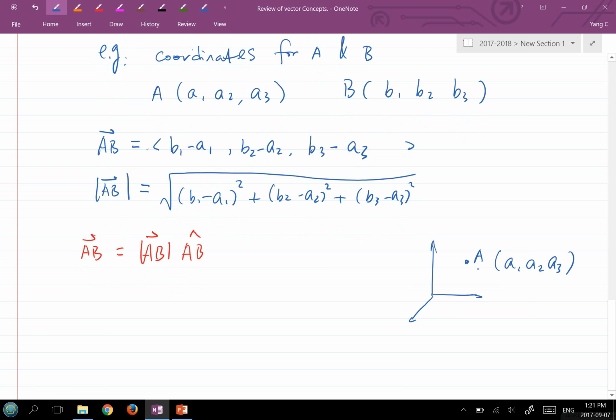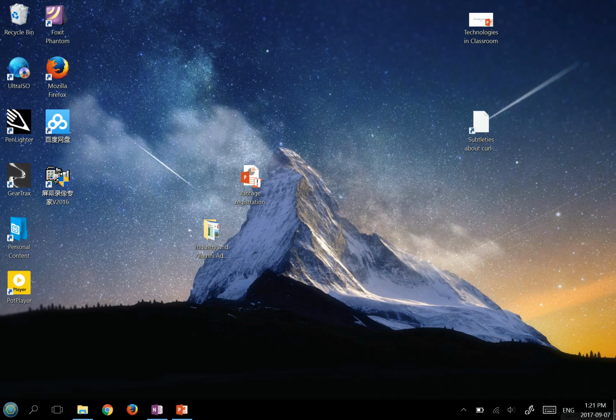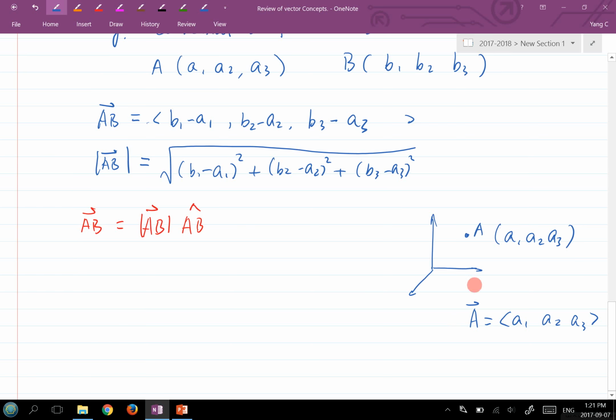Now, if you see the writing A, A1, A2, A3 with the point notation versus the vector notation, what is the difference between this and this?